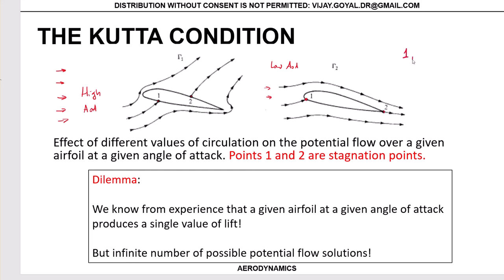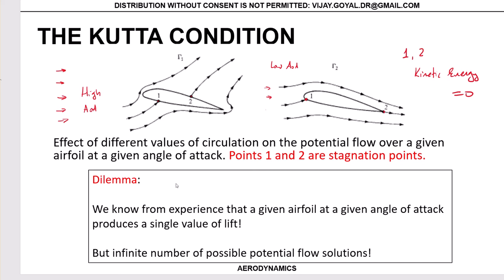The points 1 and 2 are the locations where your kinetic energy is equal to 0. These points are your stagnation points, where you will have absolutely no velocity.